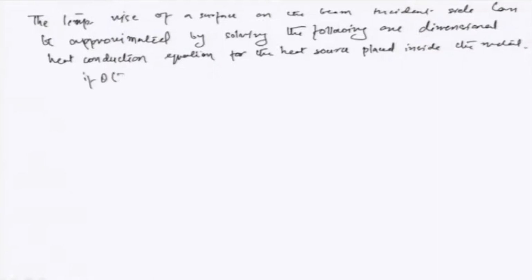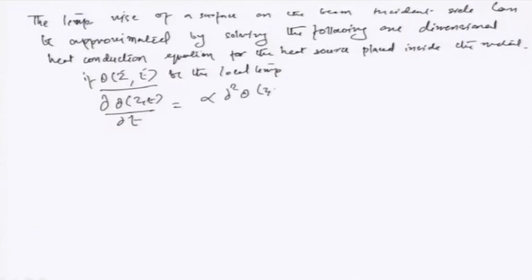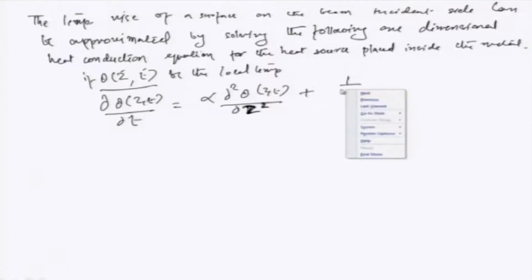So, if theta(z, t) be the local temperature at a certain depth z from the surface at a certain point of time t, then the partial derivative of theta(z, t) with respect to t becomes equal to alpha times the second space derivative of temperature with respect to the depth z squared, plus 1 by specific heat capacity times density of the material times the heat flux h(z, t).